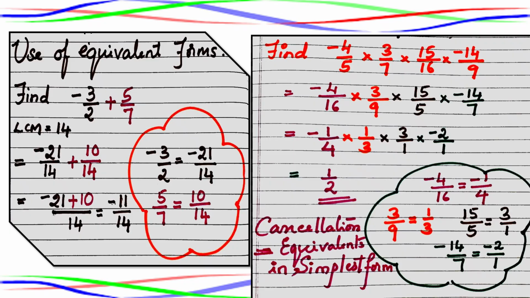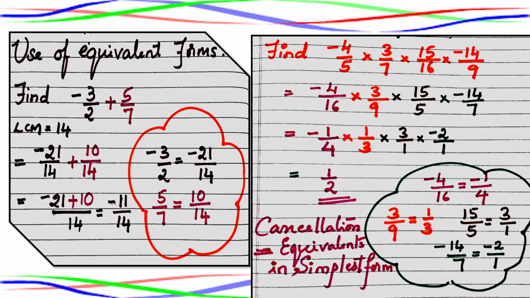It is just writing the simplest form by dividing by the same number, dividing by the maximum possible number. It is shown in the bubble form, and then it is very clear that cancellation involves equivalence of the given numbers in the simplest form.